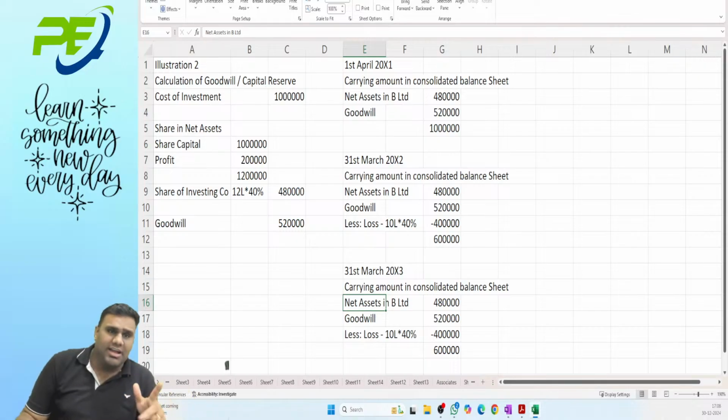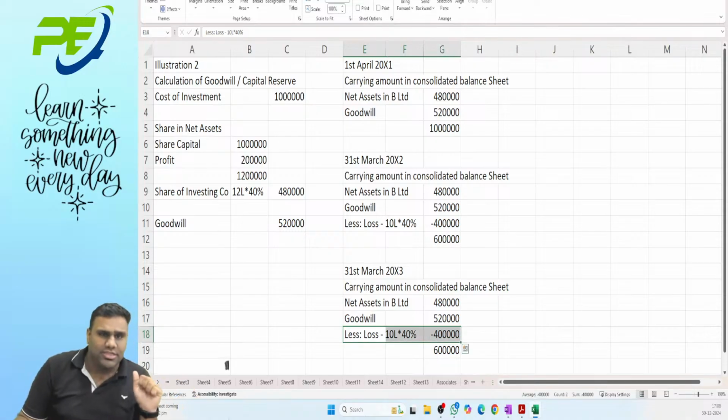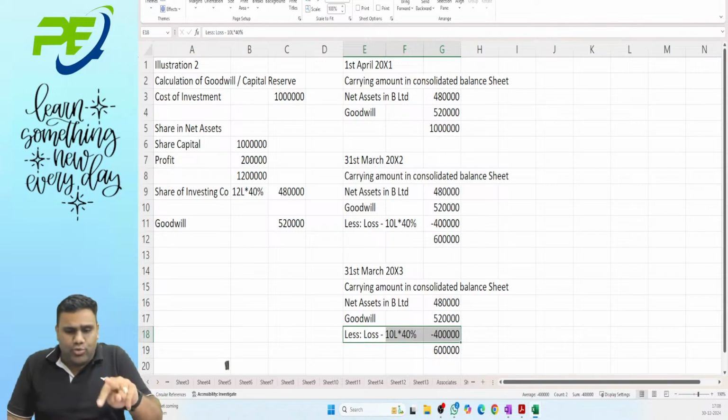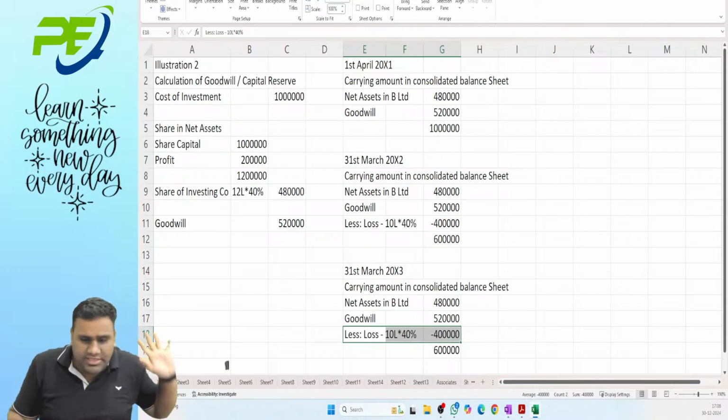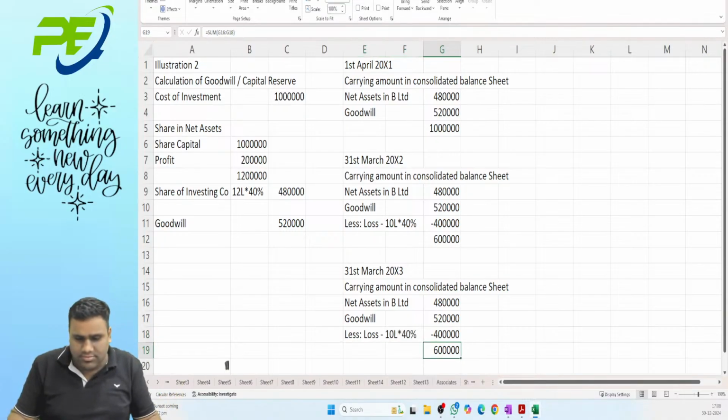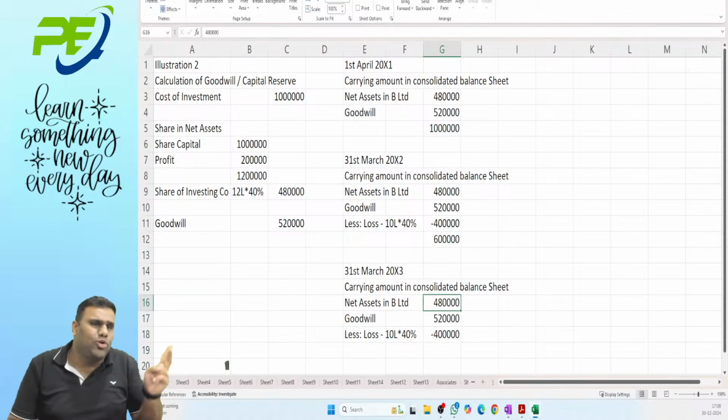Next year, I'll keep the loss as it is. This is last year's loss, 2022 loss. What should I do with this loss? I have two options: either adjust with net assets or adjust with goodwill.